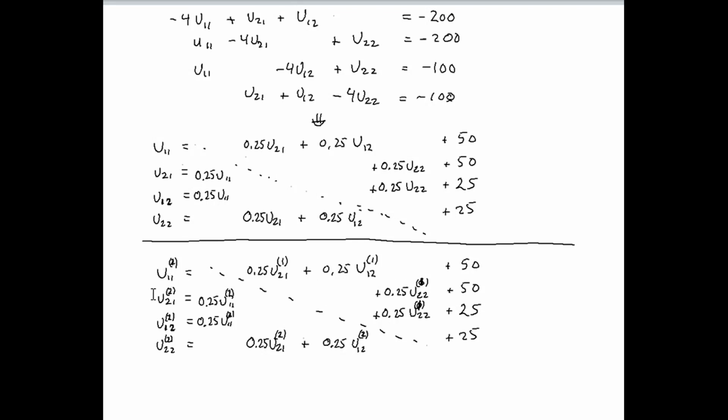So when we have computed this value, we can now insert this value into this, and we do the same again. u12 is equal to this plus this, which is known, plus this, and finally we get u22 index 2, and we know all these values. So now we have completed the first iteration.